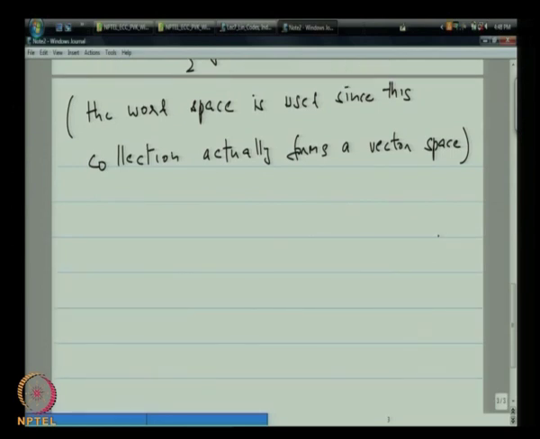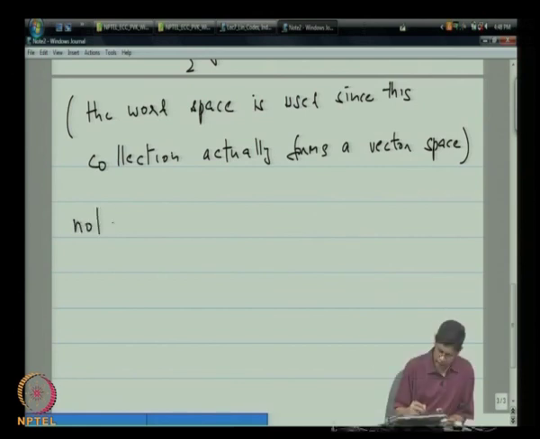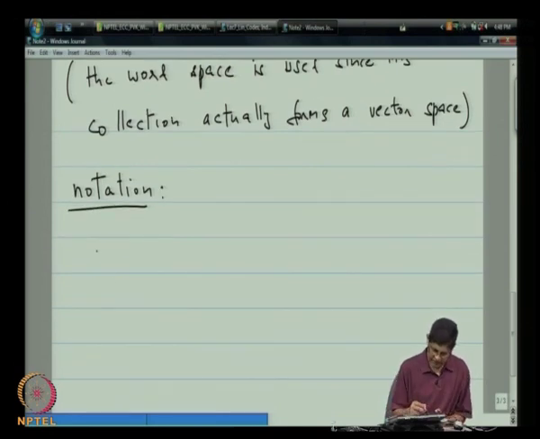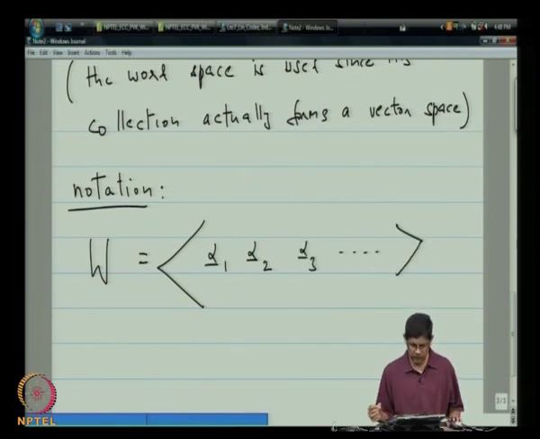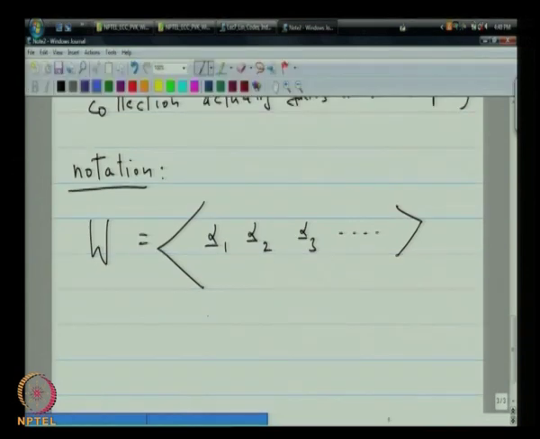Now, we will use the following notation when we want to refer to this space. We will say that W is, in angular brackets, alpha 1, alpha 2, alpha 3, and so on. This is the terminology for the space spanned by them.